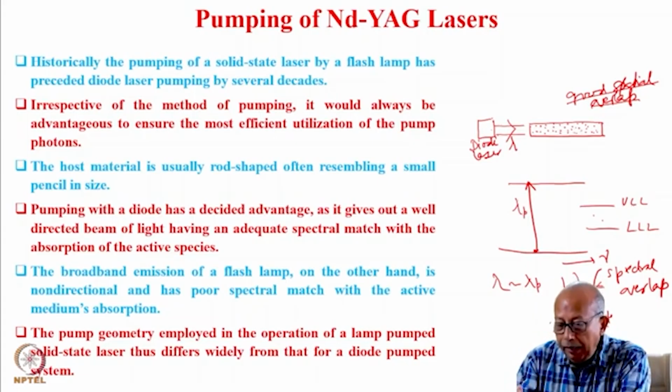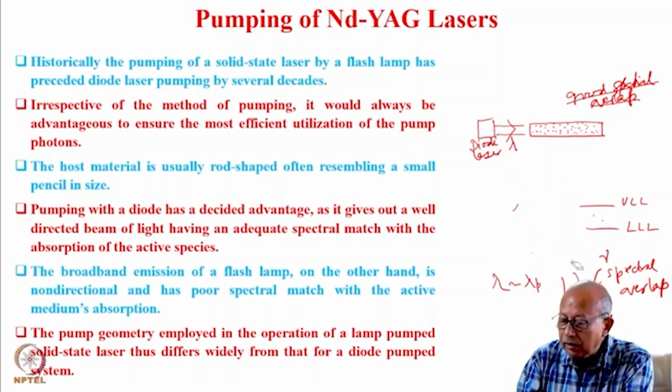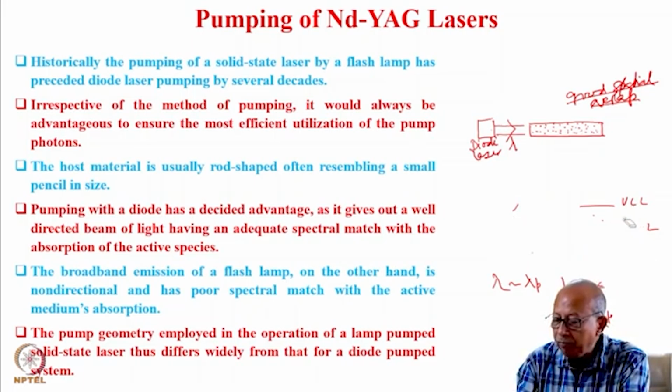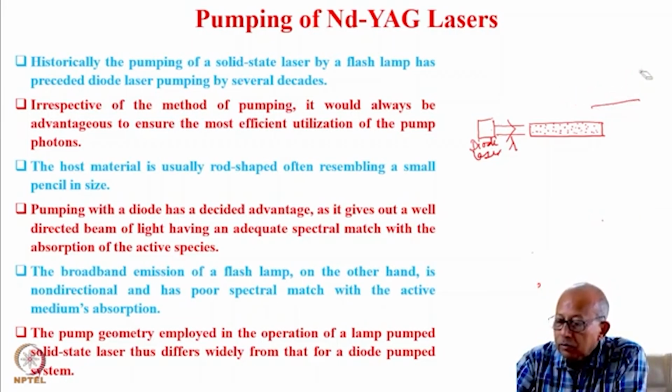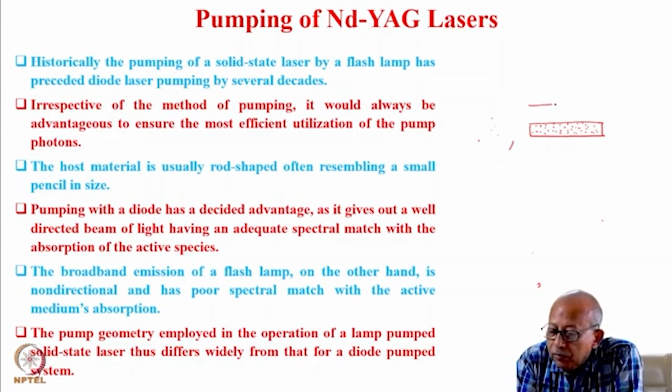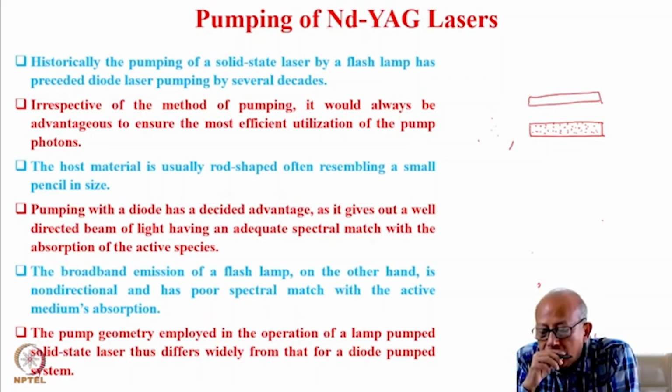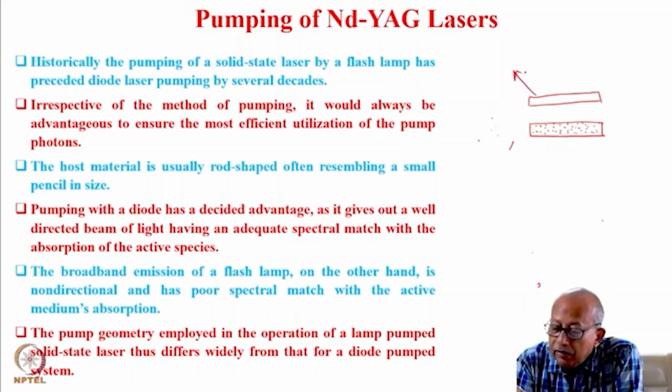Now, in contrast, let us consider the case of pumping by a flash lamp. So now you do not have the diode laser, you have a flash lamp. Let us assume it is a tubular flash lamp. Now, a flash lamp, unlike the diode laser, would emit light that will travel all around.